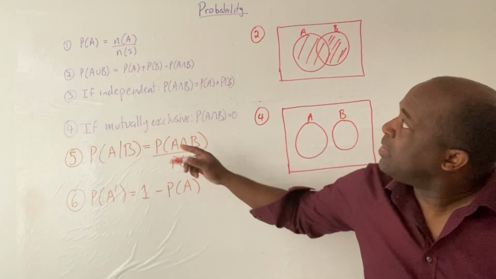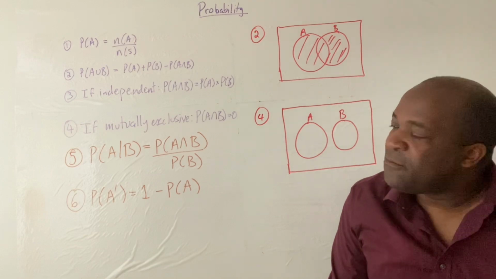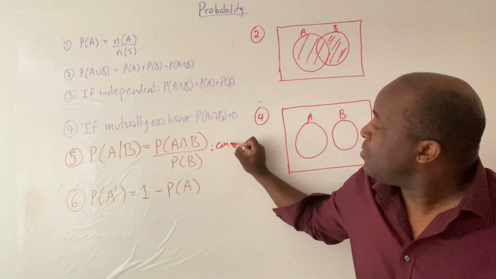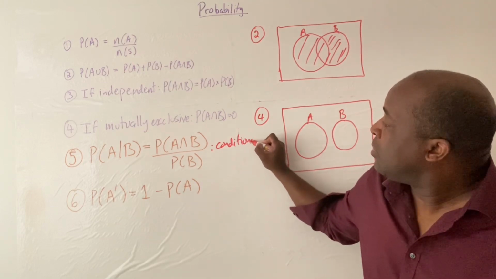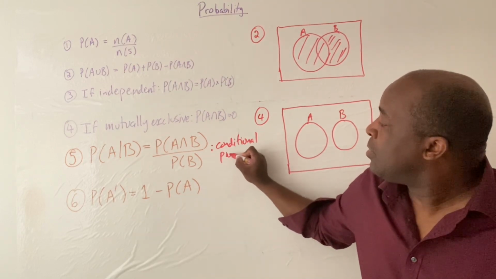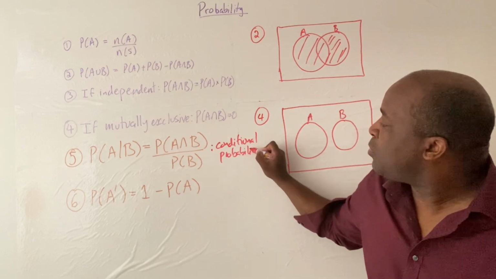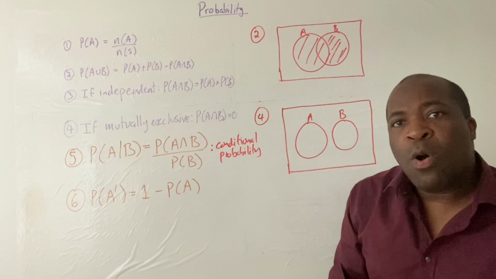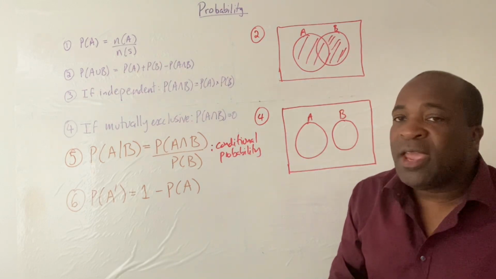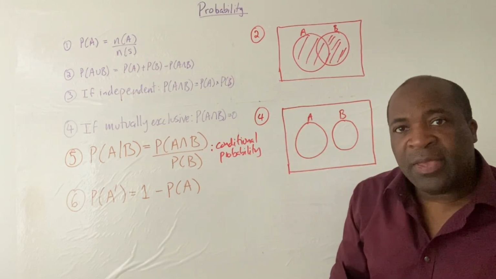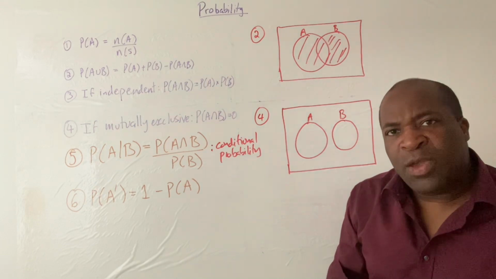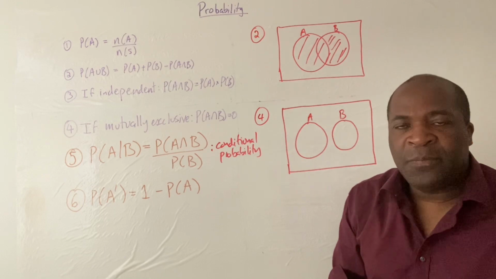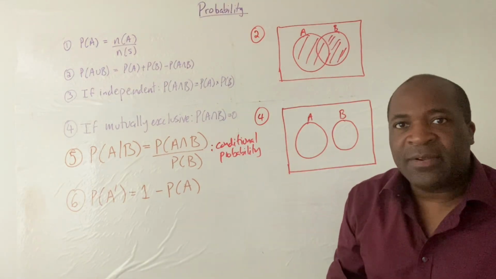Number 5 will be the formula for conditional probability. What conditional probability argues is, let's say that event B has occurred. What will be the probability of event A occurring given that event B has occurred? The buzzword to identify that we're dealing with conditional probability is the phrase "given that."